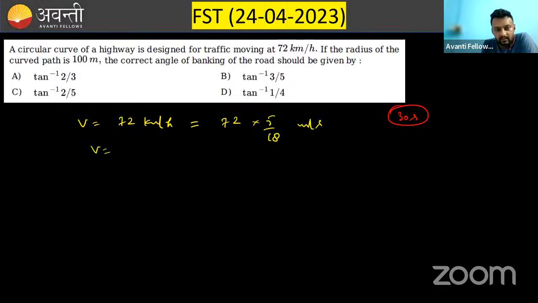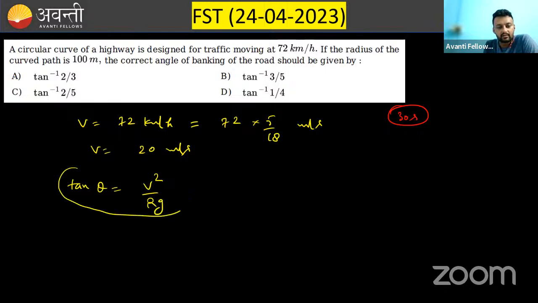That is 20 meter per second. So velocity is known. If the radius of the curved path is 100 meter, what is the correct angle of banking? So for angle of banking, I think you know that tan theta is equal to v square by rg. I think you know the relation. Put the value.